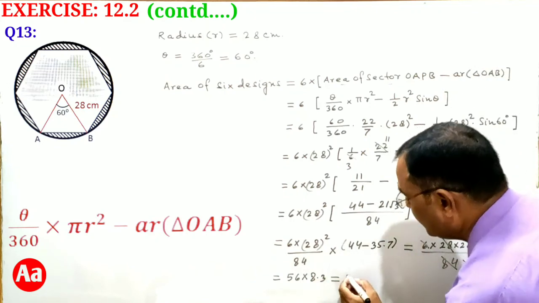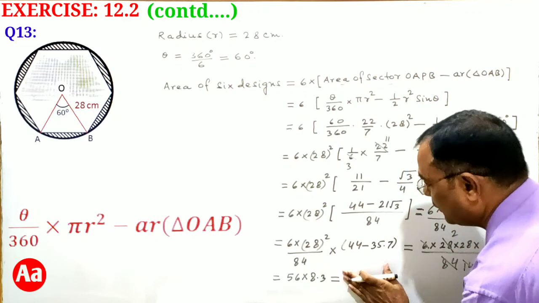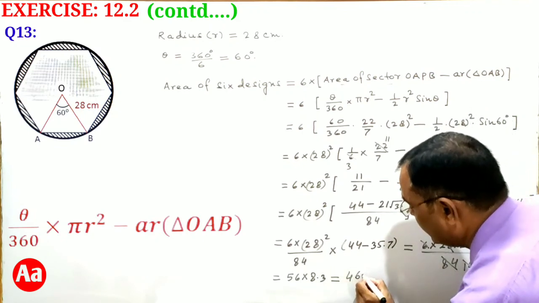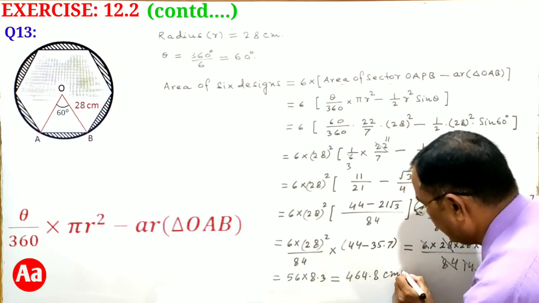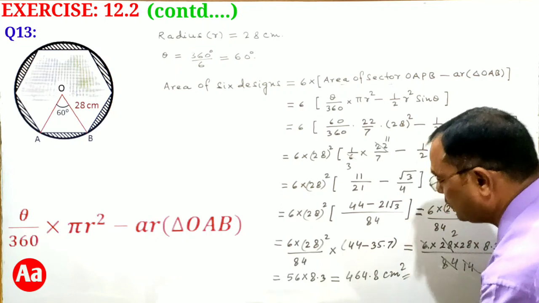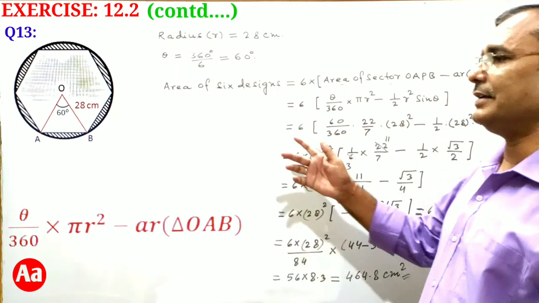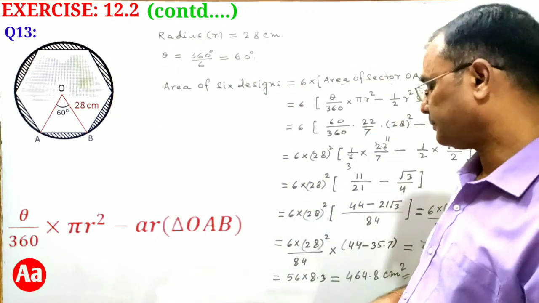If you multiply, you will get 464.8 centimeter square. So this is the area of 6 designs in this round table cover.